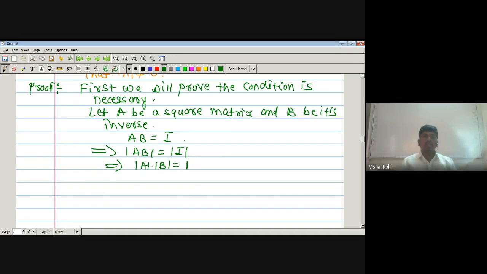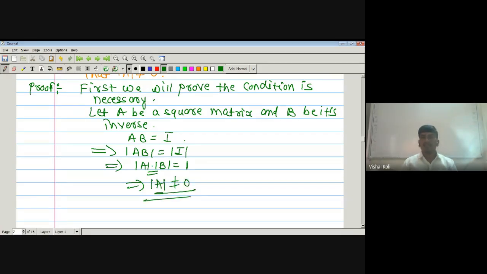If we take determinant of A equal to 0, then 0 into anything will be 0, which is equal to 1. It is not possible. So to make the left hand side equal to 1, determinant of A and determinant of B both are non-zero only. Then only it is possible that its product will be equal to 1. So from this we say that determinant of A is not equal to 0.